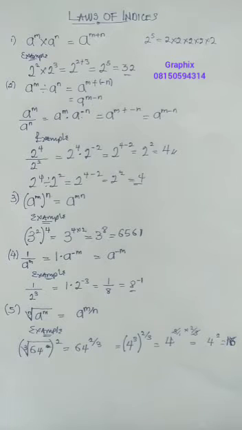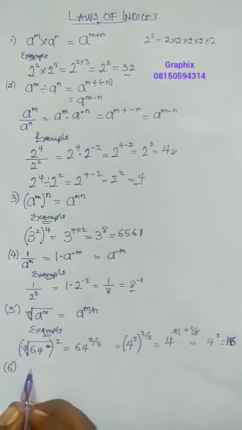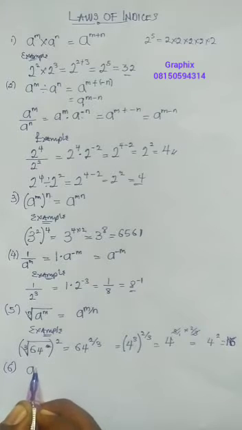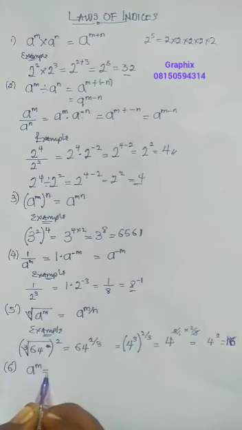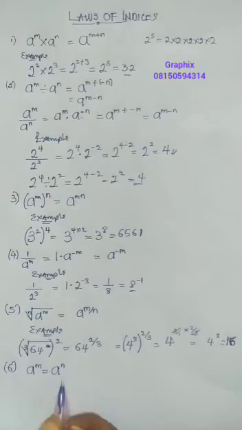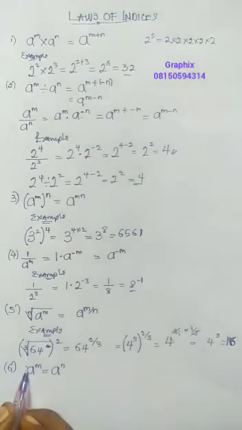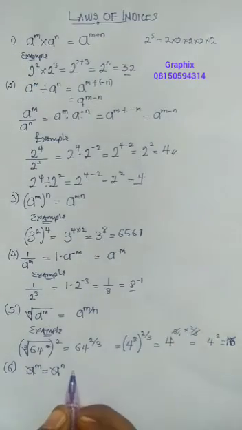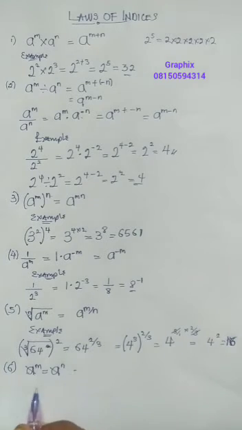Then the next one we're talking about will be number 6. For example, if I have a to the m is equal to a to the n, since the bases are equal, the powers are going to equate, so my m will be equal to my n.